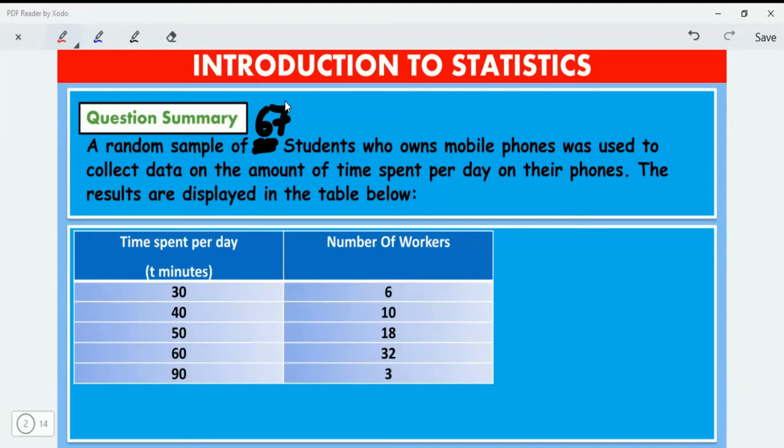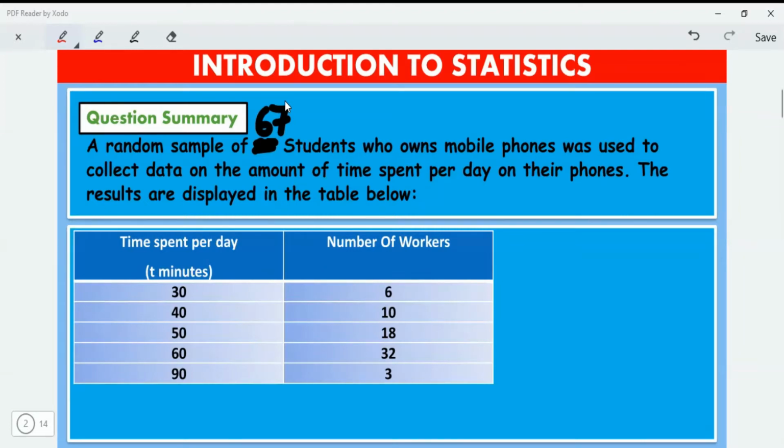This question says a random sample of 67 students who own mobile phones was used to collect data on the amount of time spent per day on their phones. The results are displayed in the table below. Some students spend 30 minutes, some spend 40, 50, 60, and 90 minutes per day.